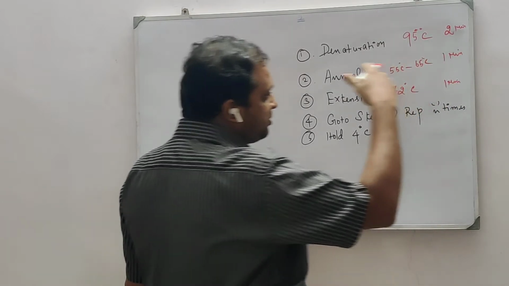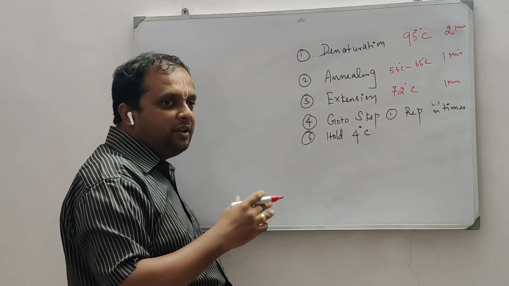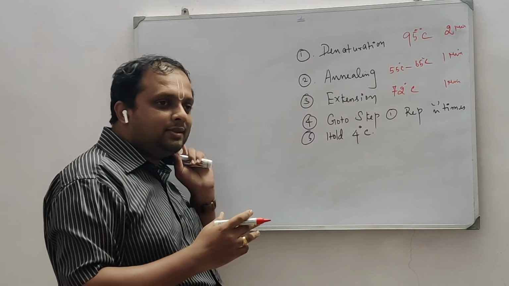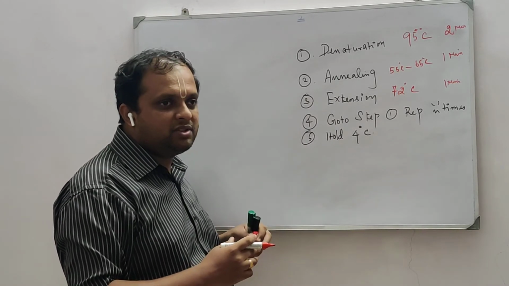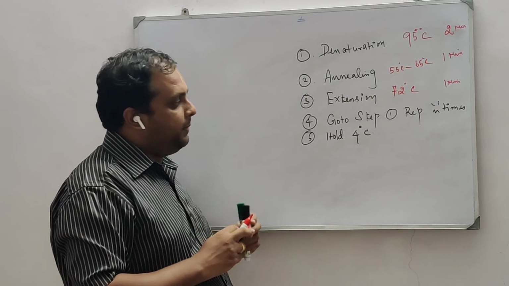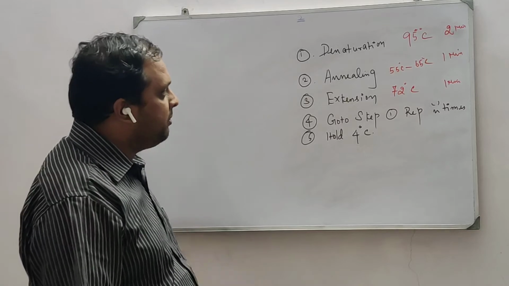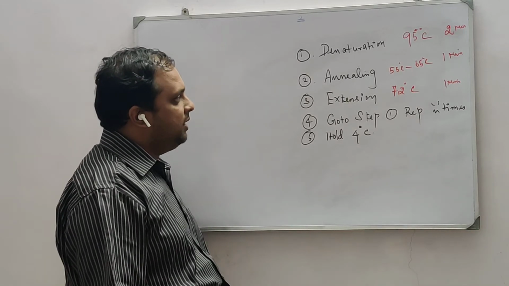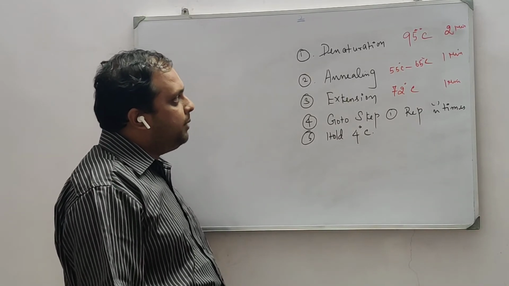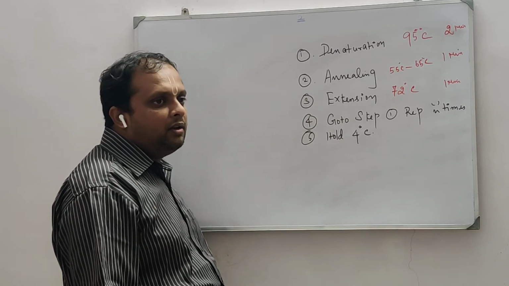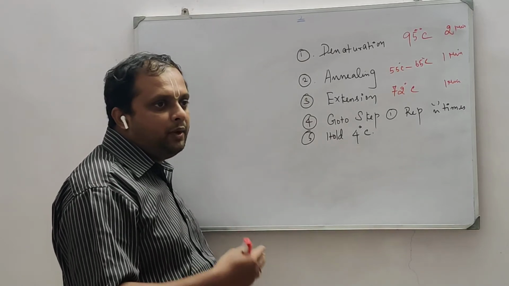So the thing that is going to be constant with every PCR is the temperature, whereas the time will vary depending upon the investigator who does the PCR. Right, fine. So these are the different steps in PCR: denaturation, annealing, extension, then get back to the first step and repeat. You may need 45 times, you may need 30 times.